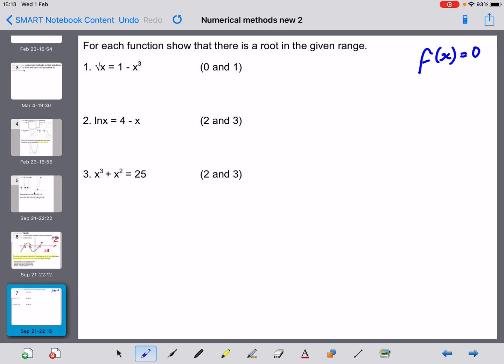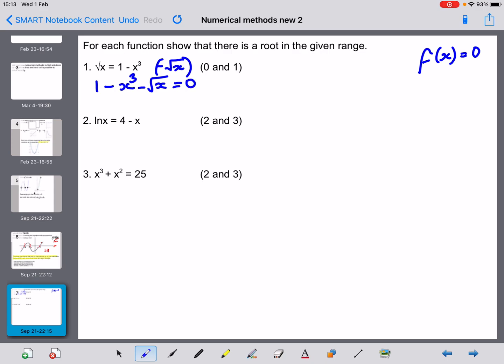I'm just going to take root x off both sides. I could move the 1 and the minus x cubed the other side, it wouldn't make any difference. If I take root x off, then I will have 1 minus x cubed minus root x equals 0.